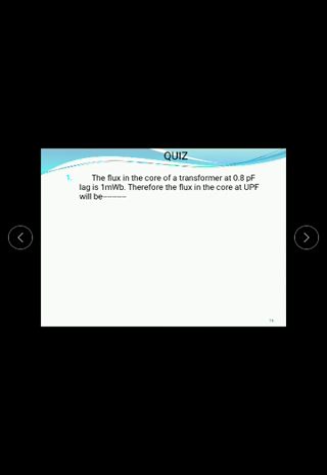The flux in the core of a transformer at 0.8 power factor lagging is 1 milliweber. Therefore, the flux in the core at unity power factor will be 1 milliweber.